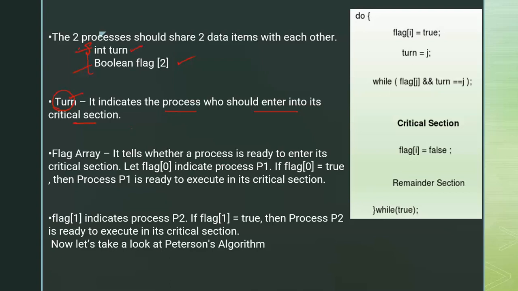And the flag array will be representing whether the process is ready to enter into the critical section or not. So if process 1 wants to execute, flag 0 will be set to true. If process 2 wants to execute, then flag 1 will be set to true.